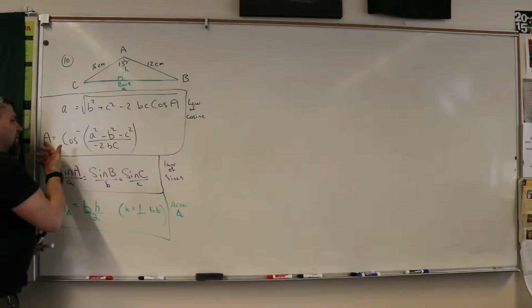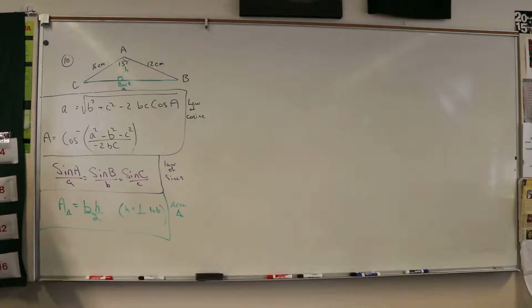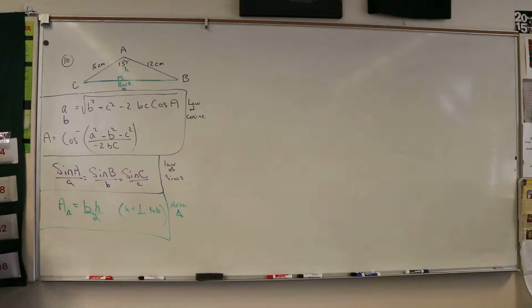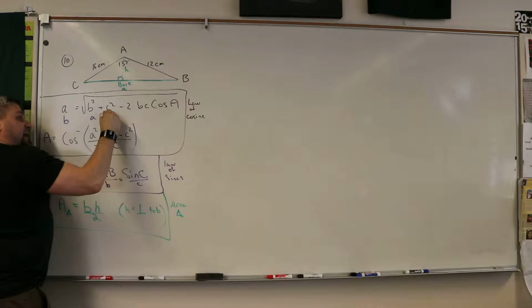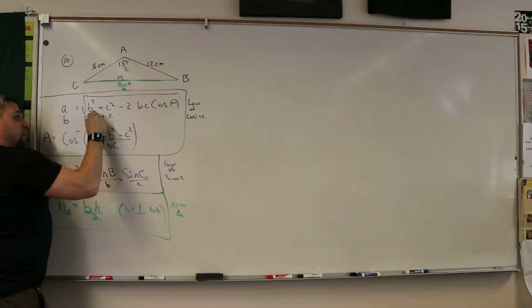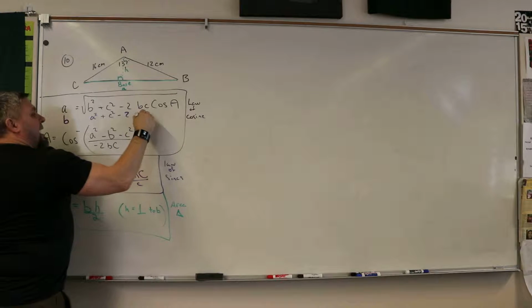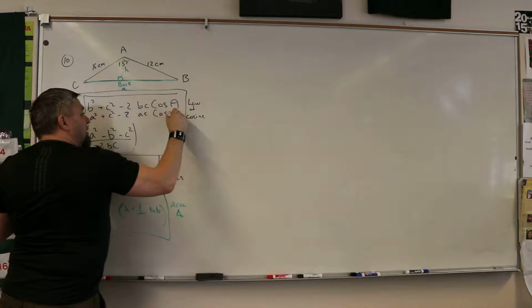We have to switch this out. Instead of A being here, we want B to be here, which means we want A and C here, which means we want minus 2AC cosine B.